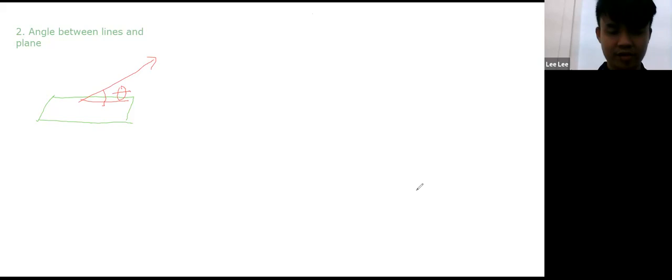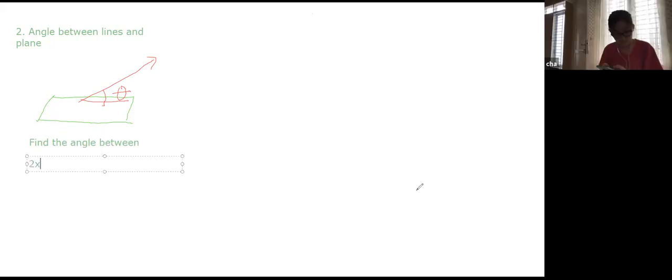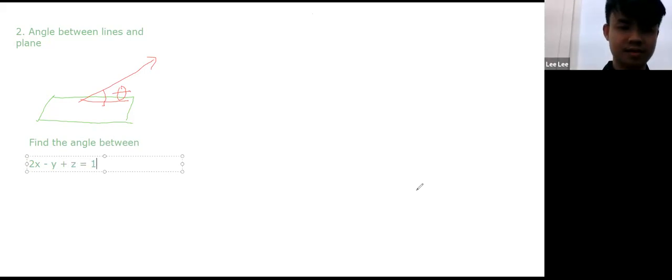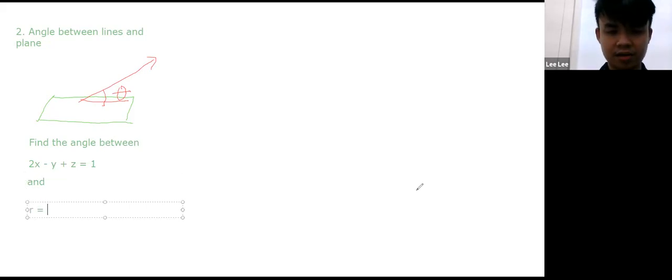Now let's say the question is: find the angle between 2x minus y plus z equals 1 and r equals negative 2i plus j plus k plus t(i minus j plus k).